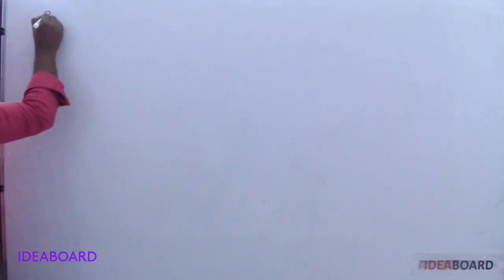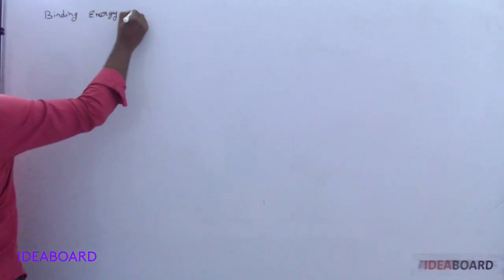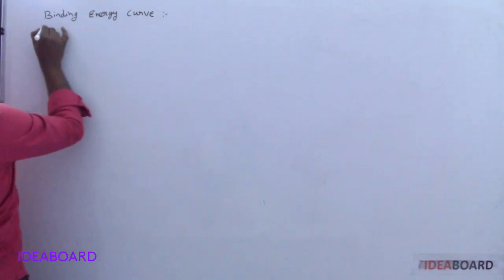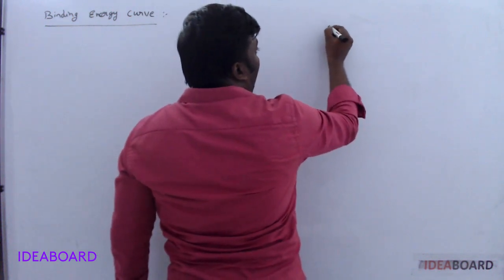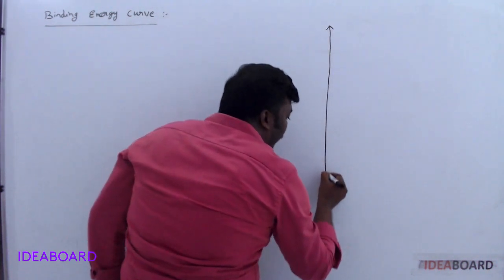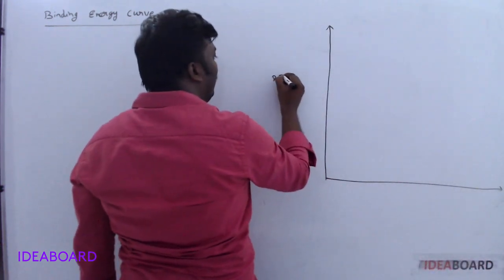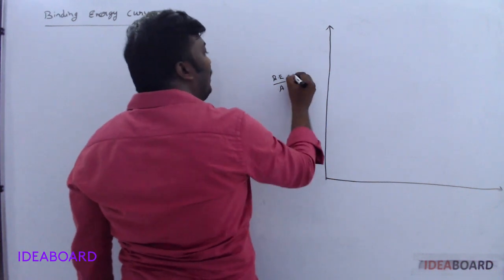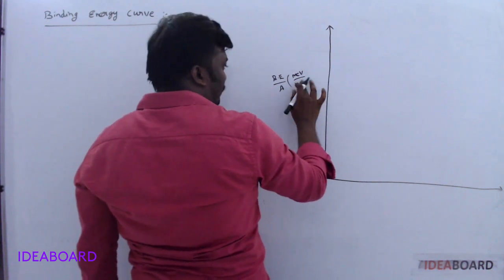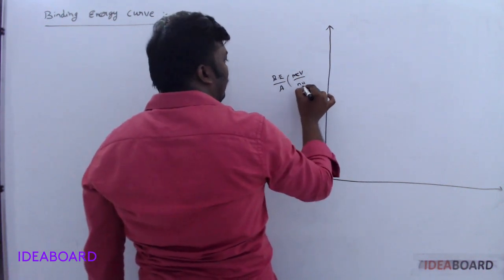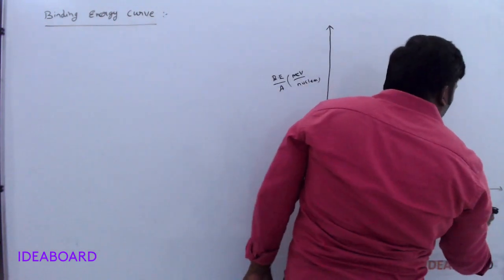The next topic was the binding energy curve. Binding energy curve means if you plot a graph between the binding energy per nucleon, units are MeV per nucleon, and here the mass number.